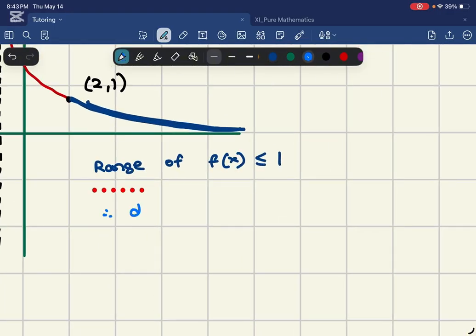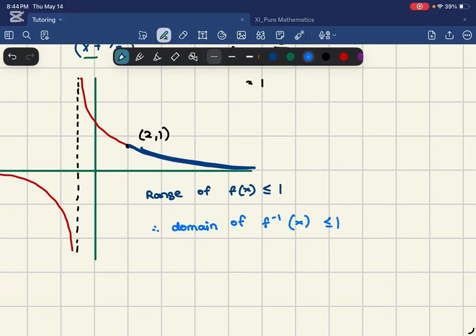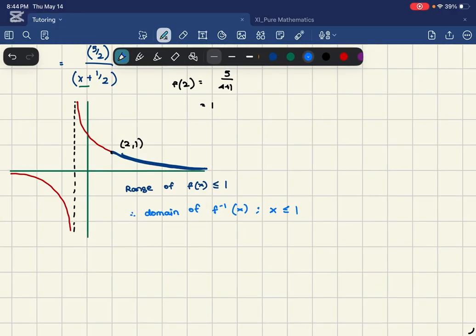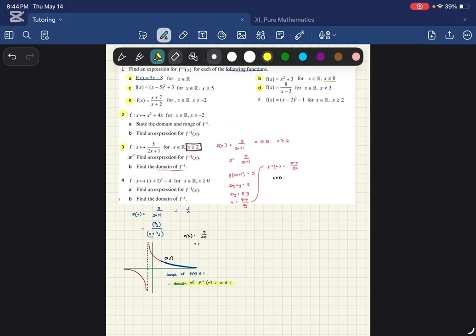Therefore, the domain of f inverse of x is that it is less than or equal to positive 1. So the range of f of x becomes the domain of f inverse. So the domain of f inverse of x is that x is less than or equal to 1. So that is going to be your domain. All right. So we're done with 3.